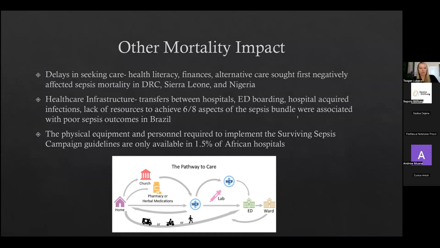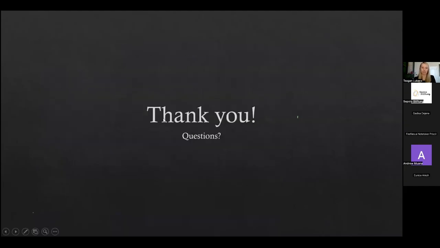Like we'd seen previously, resources that don't allow you to achieve this bundle, whatever bundle you decide is appropriate for your setting, but being able to follow through with all of those steps is a critical aspect that's affecting mortality for these patients.